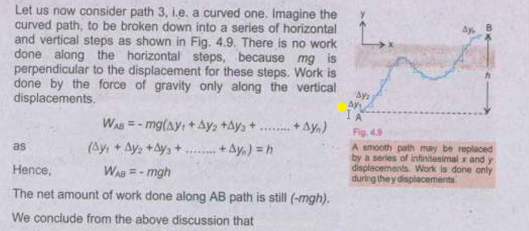And we know that when we add these vertical components, they add up to h, the height. So the work done along this path is also equal to minus mgh. So the net amount of work done along path AB is still minus mgh.